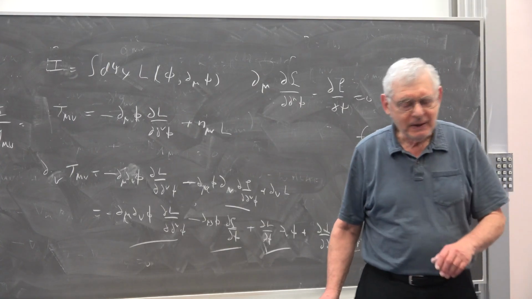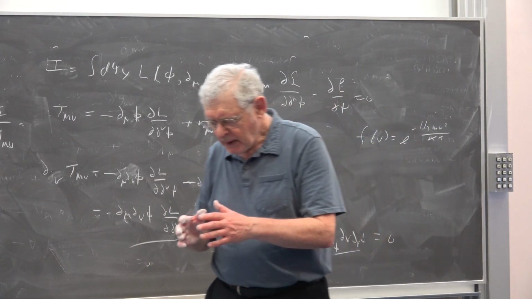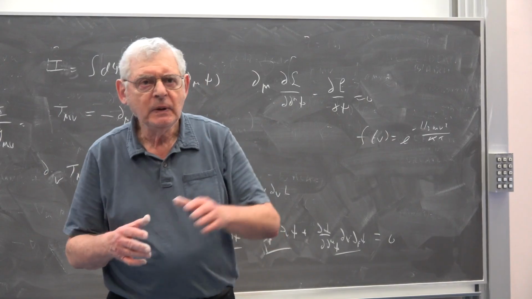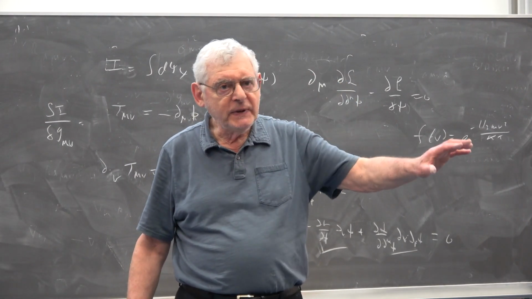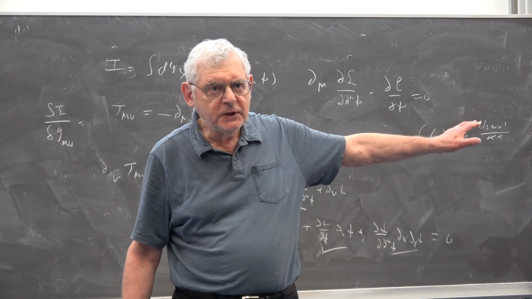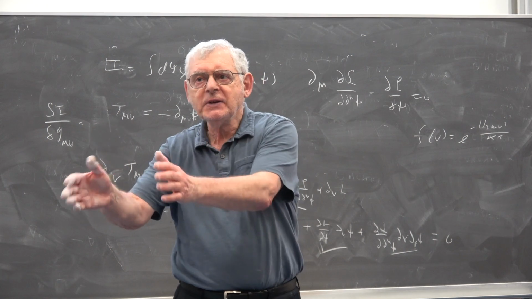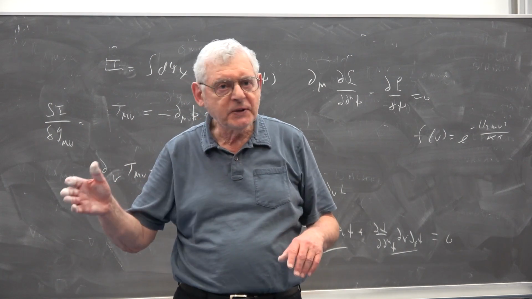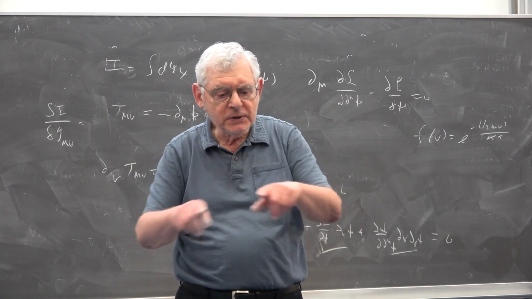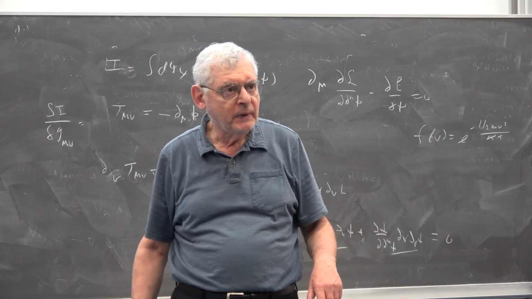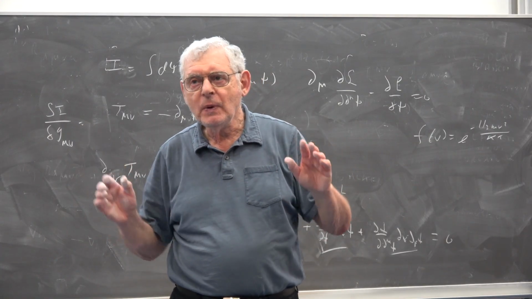Now, how can that be? What happens is the Boltzmann equation relates a derivative of the distribution function to a scattering cross-section of particles scattering in and out. And that never goes away.